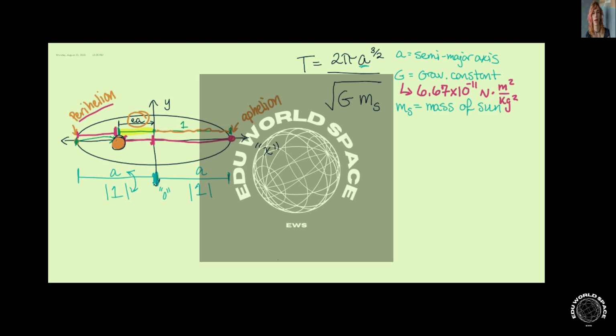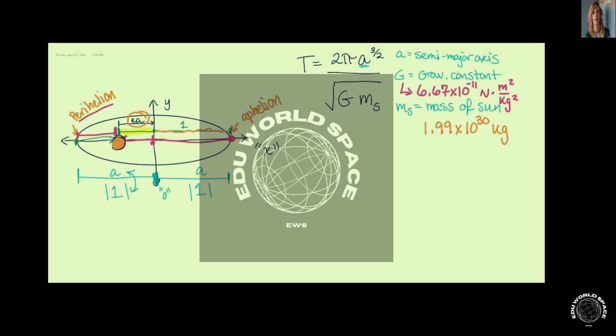Our mass of the sun, on the other hand, I'll do it in orange because that's the color of our sun, is 1.99 times 10 to the 30th kilograms. Now that's a big number, but it makes sense, right? The sun is pretty big.